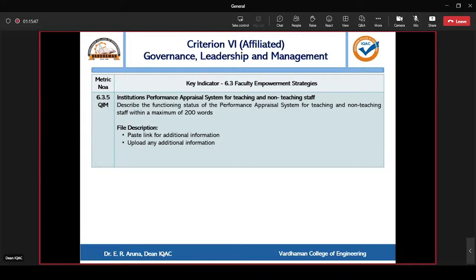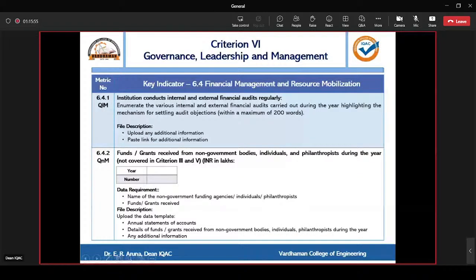And let me continue. This is the fourth key indicator in the sixth criterion, which is financial management and resource mobilization. The first one is again a QLM: the institution conducts internal and external financial audits regularly. So to render foresight, the institution has a strong financial management system.